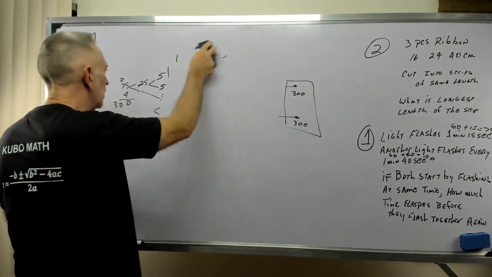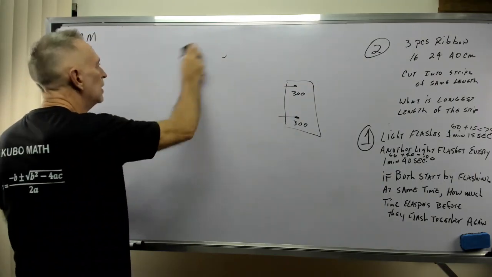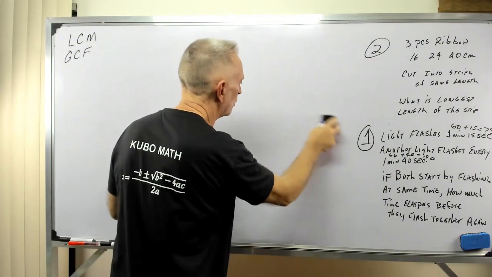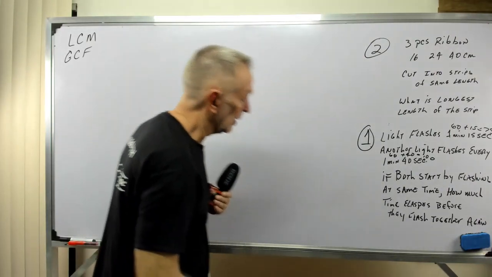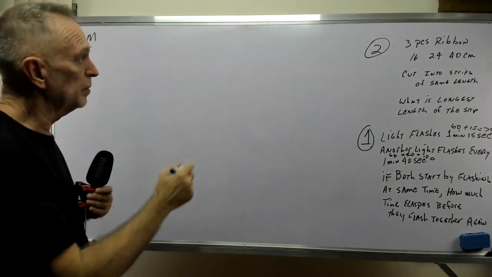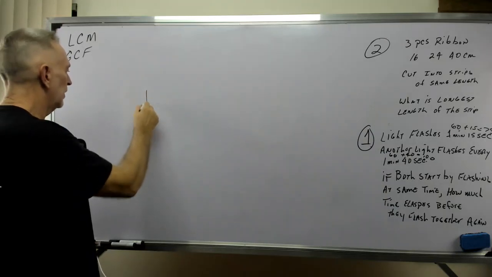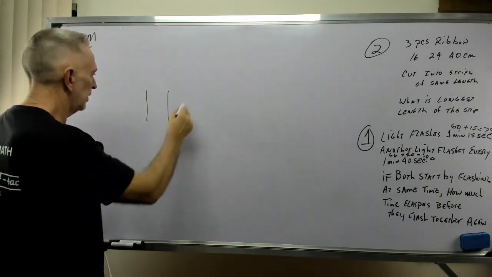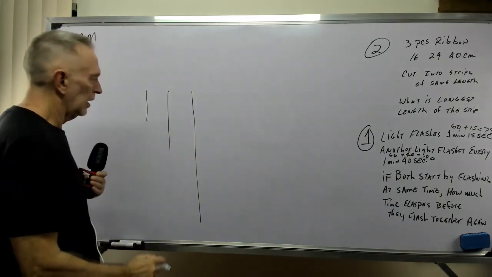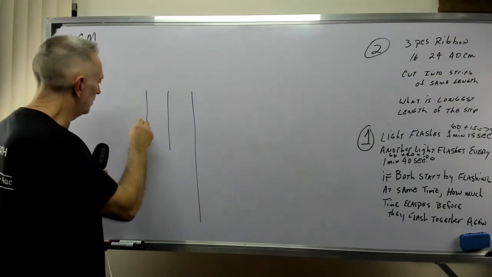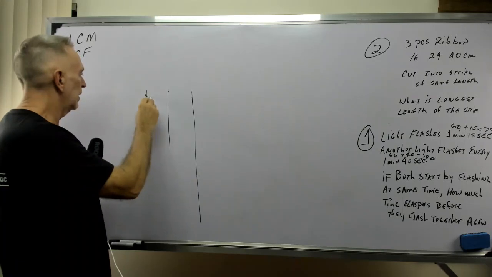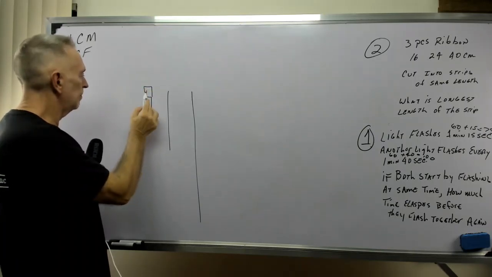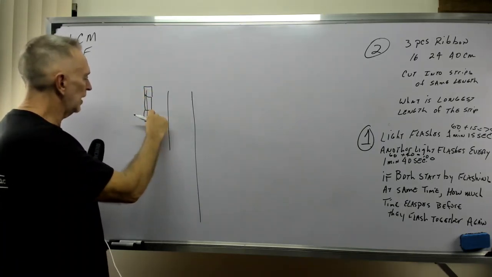Now then, let's look at greatest common factor. Okay, we have 3 pieces of ribbon. They have 3 lengths of ribbon here, and they're trying to cut them into some length that would be the same, whatever that length is.